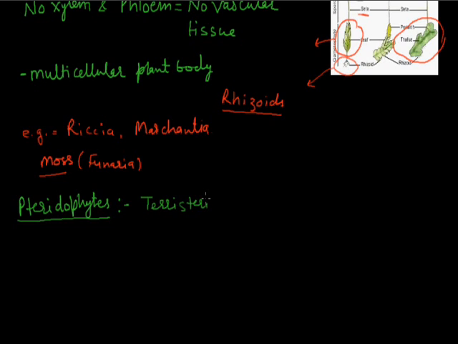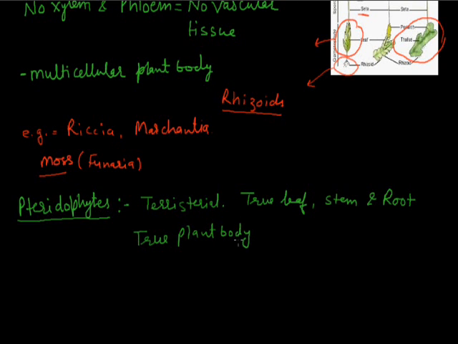In these plants, for the first time true leaf, stem and roots are present. They have a true plant body for the first time. It means the plant body is divided into root, stem and leaf.